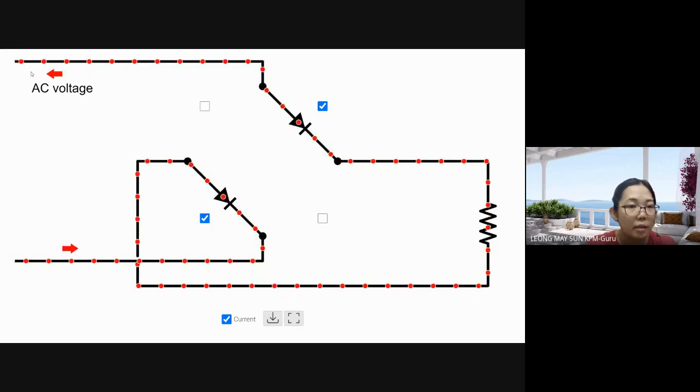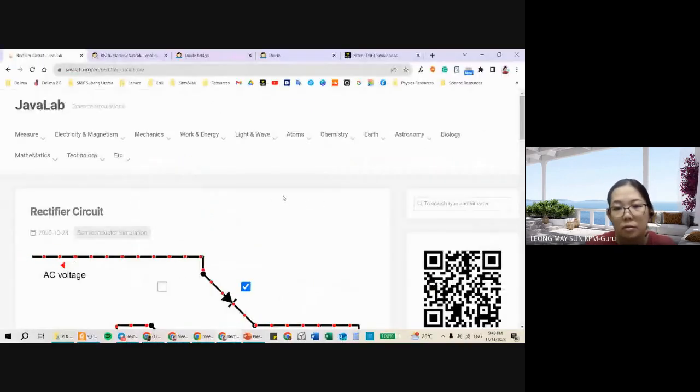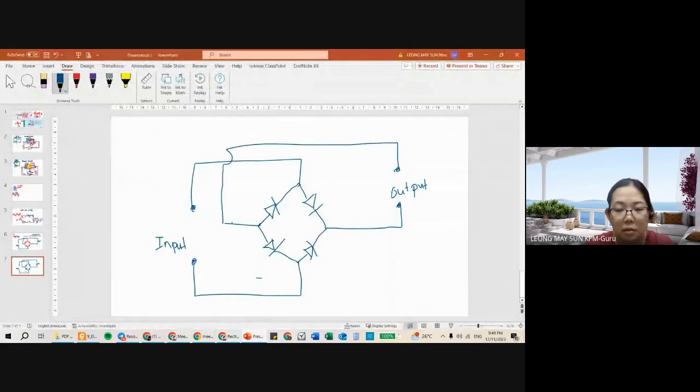So when it is positive here, the current will move through this diode towards the load, and then it will come back here. All right. Okay. I think using this is also very hard for you guys to see. I think if I don't understand, then you guys don't understand even more than me.